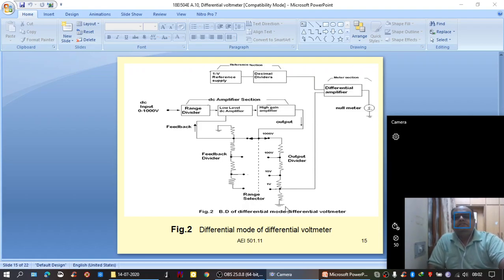So that is how it can be used as a differential voltmeter. Now, without using this circuit arrangement, this can be directly used as a DC voltmeter. Here, in place of null detector, you will have a PMMC movement.